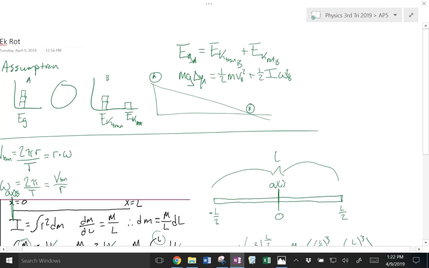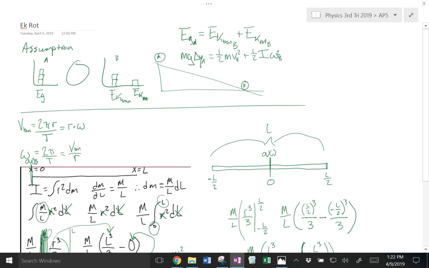Okay, cool so far? Not making it apparent yet where things are going to cancel.